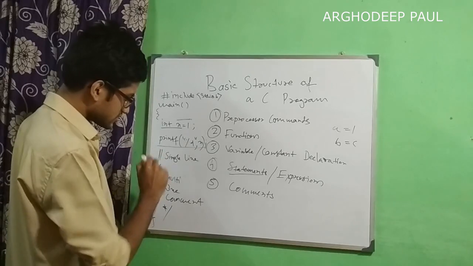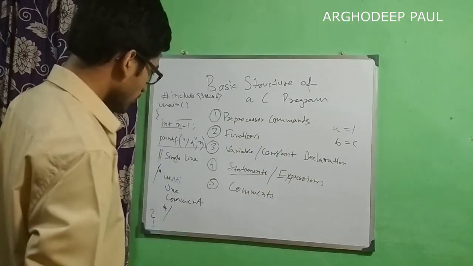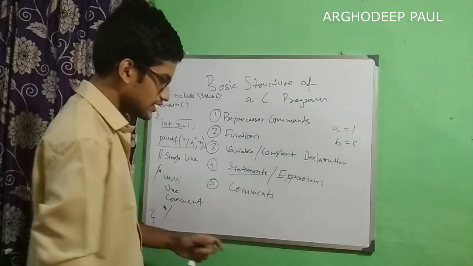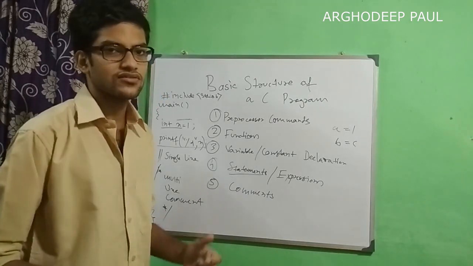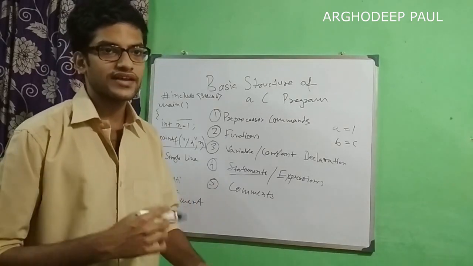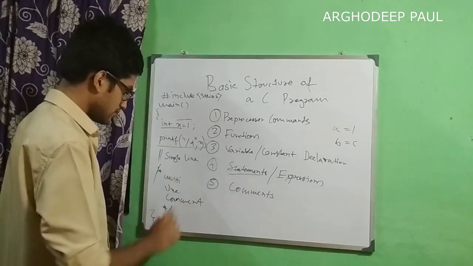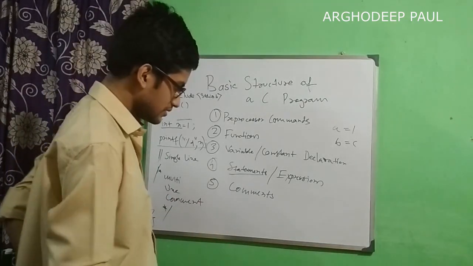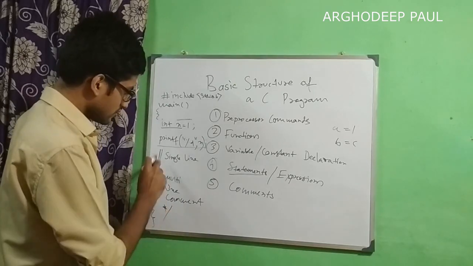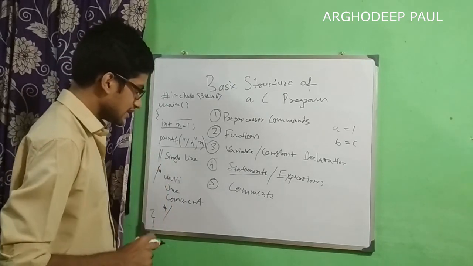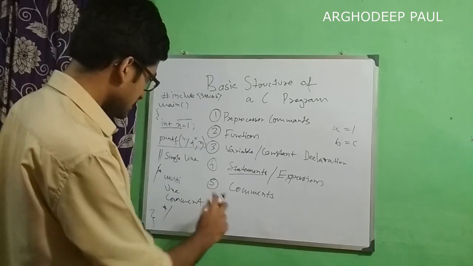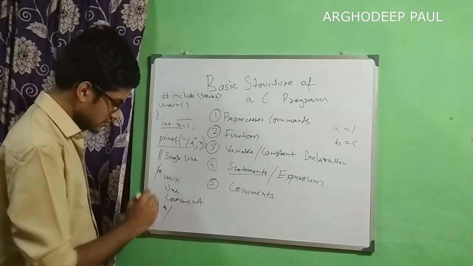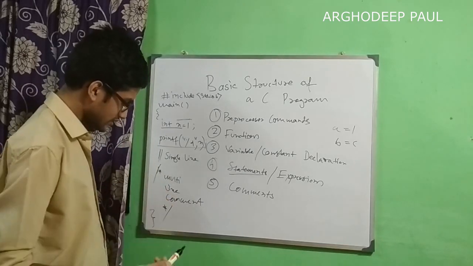Now this double slash stands for single line comments. Whenever you have a requirement to write some comment which will end in that line only and will not extend to the next line, then we would use the single line comment. A multi-line comment is used if you have many lines of comments to write. Then instead of using the double slash syntax separately on each line, we would make use of only one opening and one closing.